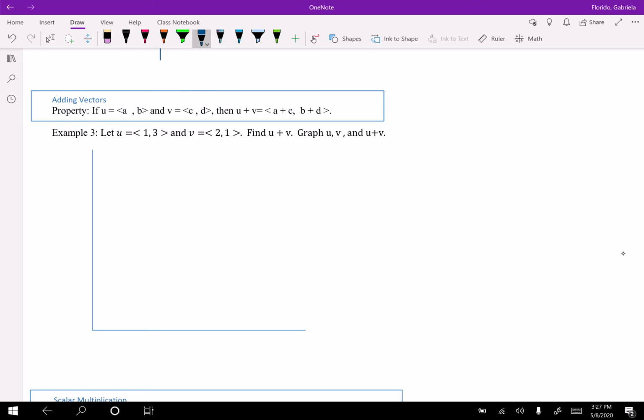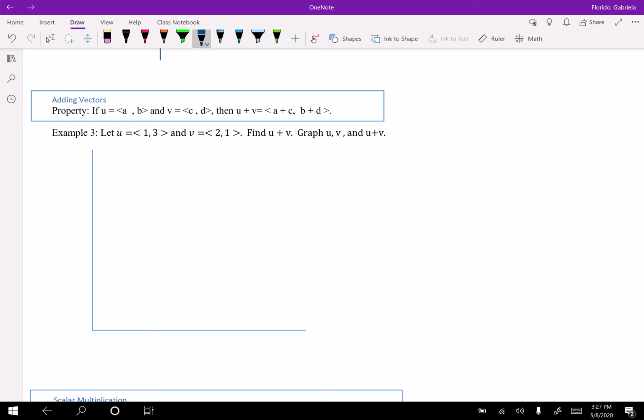And so what's happening is that we're going to add the first components, comma, and then we're going to add the second components together.